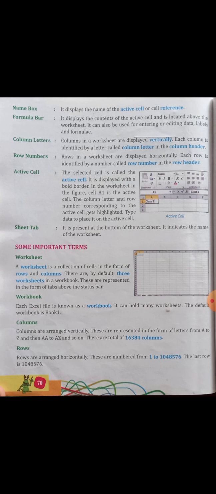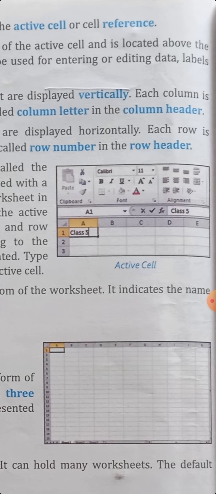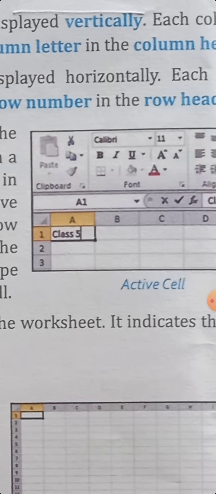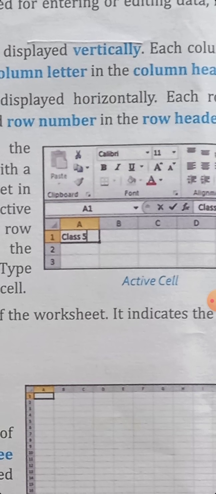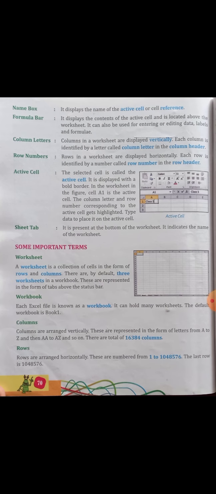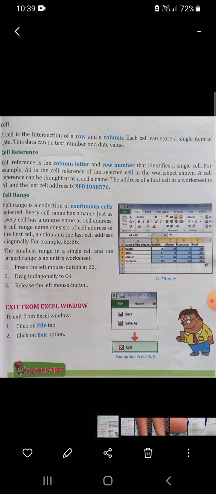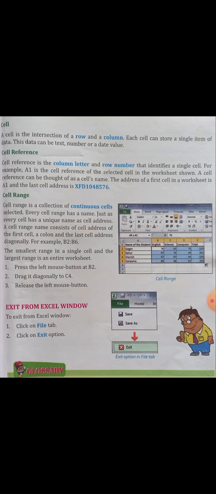Type data to place it in the active cell. That means whenever you are writing anything in the active cell, it gets highlighted, it gets colored. As you can see, all the other cells are not colored, but only the cell which we are working on has become yellow, isn't it? So it gets highlighted. Understanding, children? That is what is being said over here.